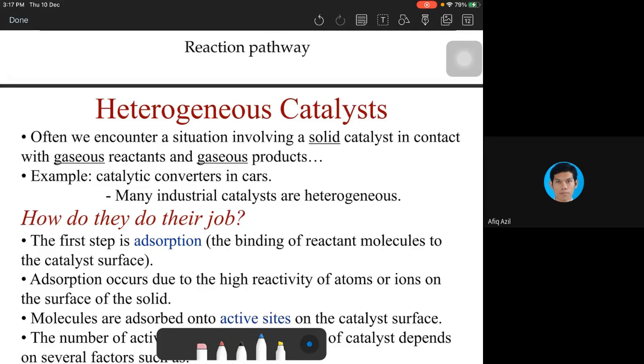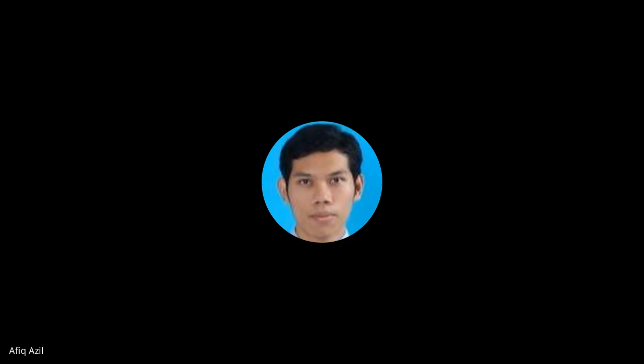The big drum on the exhaust actually contains the catalytic converter, in which you have platinum or palladium, to make sure that the gas being released is not carbon monoxide, because sometimes, especially in old cars, some of the fuel is not burned properly and produces carbon monoxide.